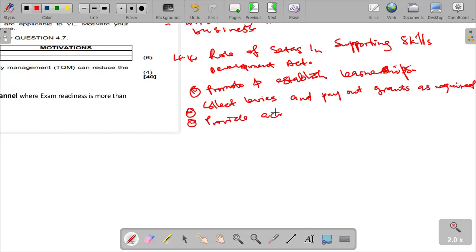They do provide accreditation in terms of the authenticity of the qualifications that are provided by the various training centers and so on.